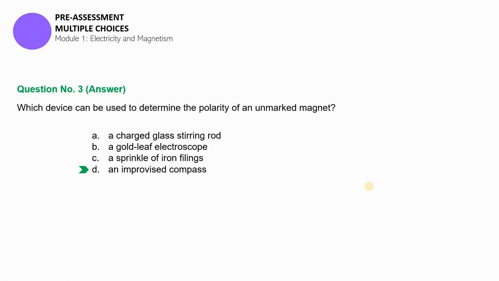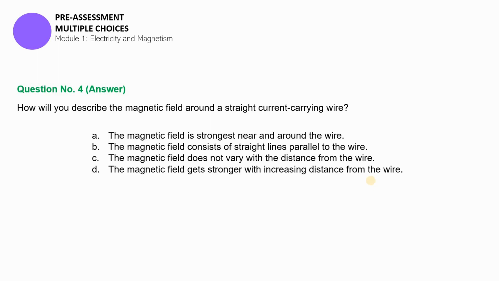For the next question, question number 4, the correct answer is letter A. The magnetic field is strongest near and around the wire.